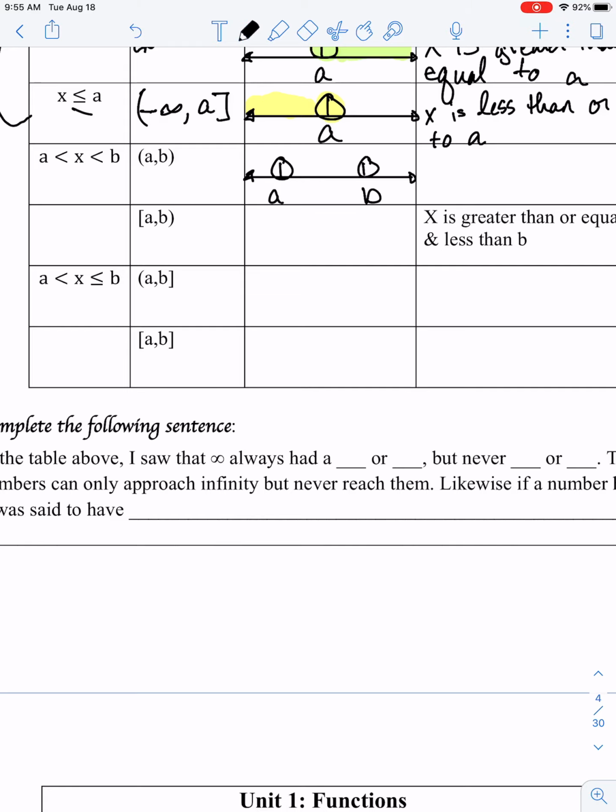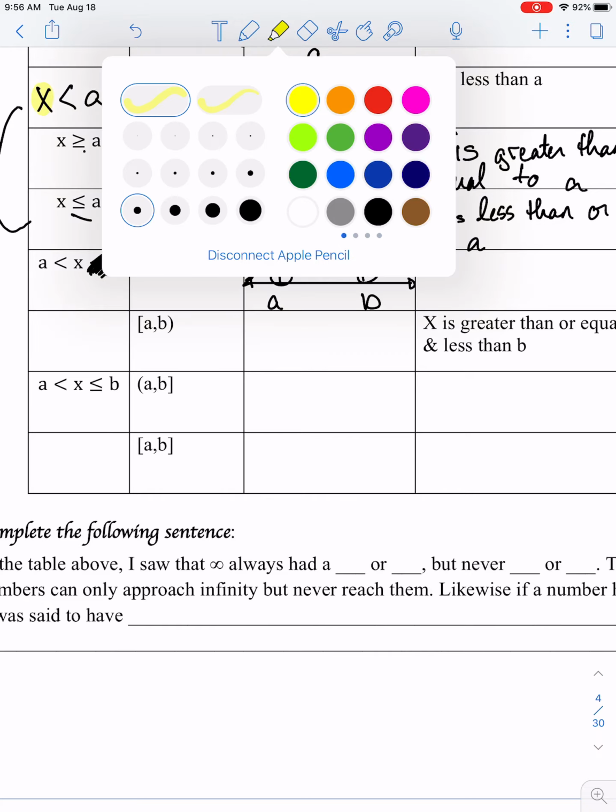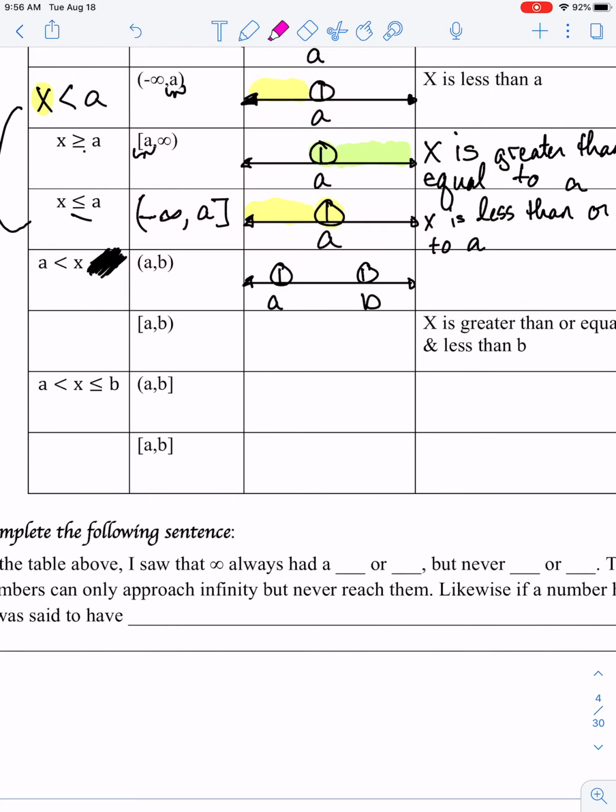And if I just do this, it is now something like we just did. So X is greater than A, so X is greater than A must be to the right.